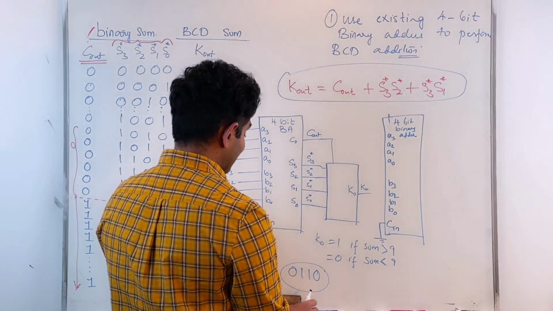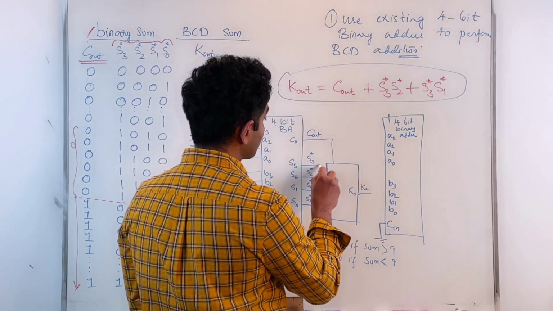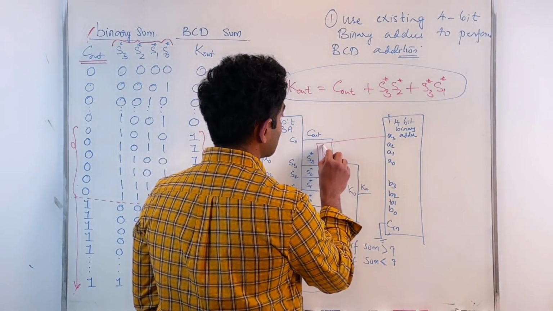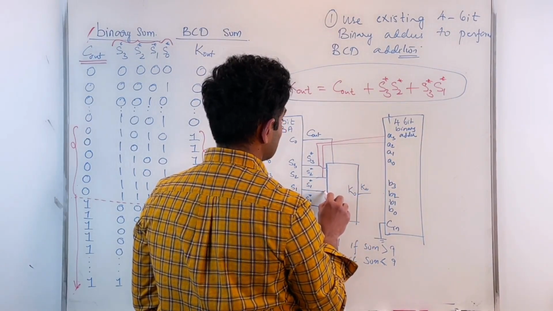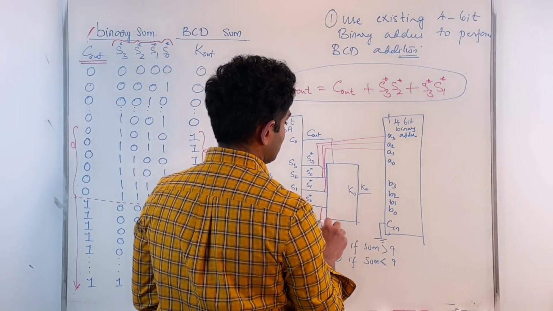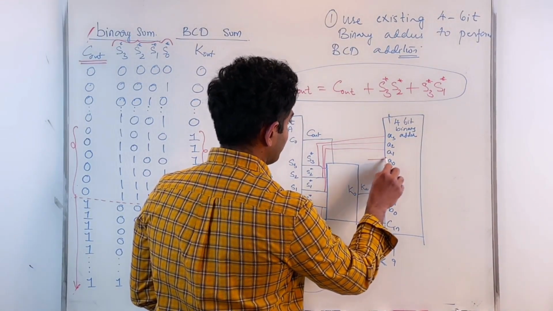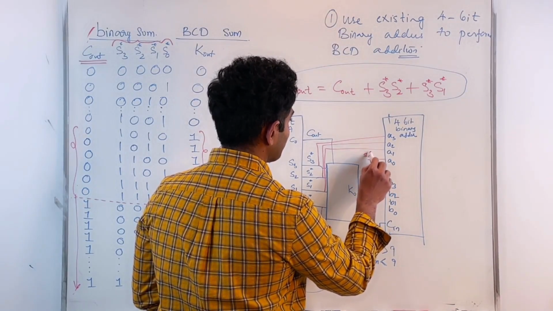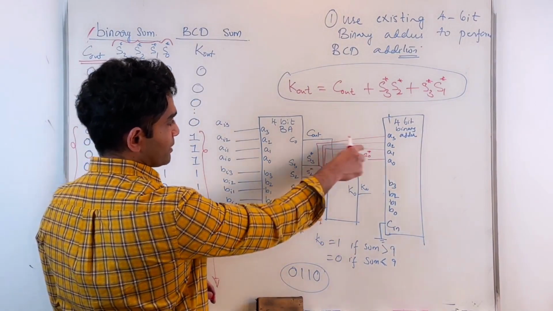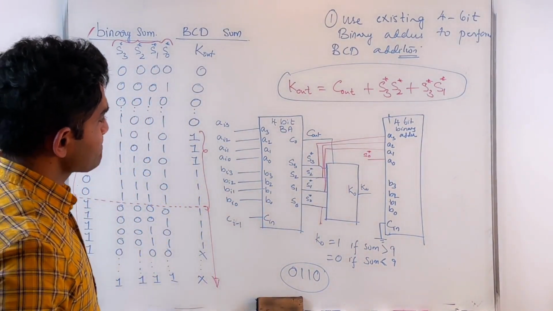And I'm applying my S stars as the input to my binary adder. So again, that's your S0 star. I just don't want to mess up this diagram. So basically that's coming from here, connected to my A0.